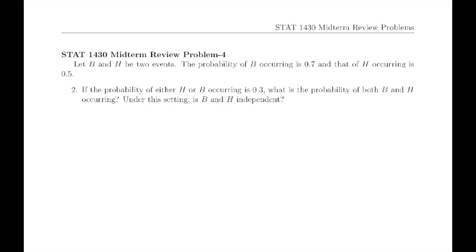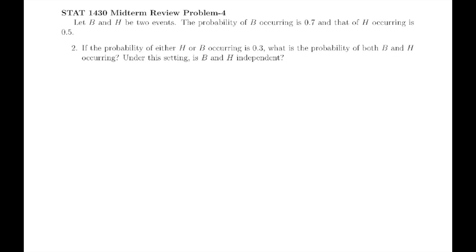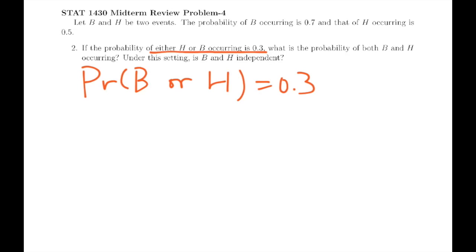Alright, now let us look at the second part of this problem. And we know that the probability of either H or B occurring is equal to 0.3. That means the probability of B or H is equal to 0.3. And then we want to know what is the probability of both B and H occurring.